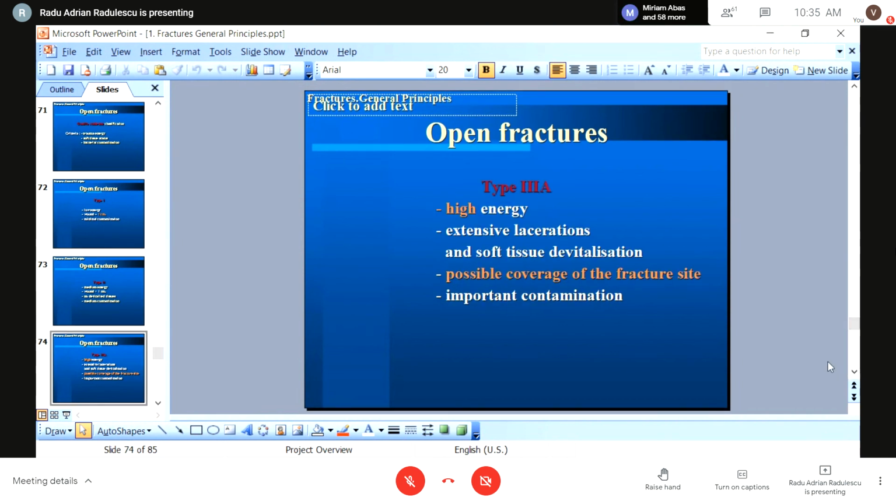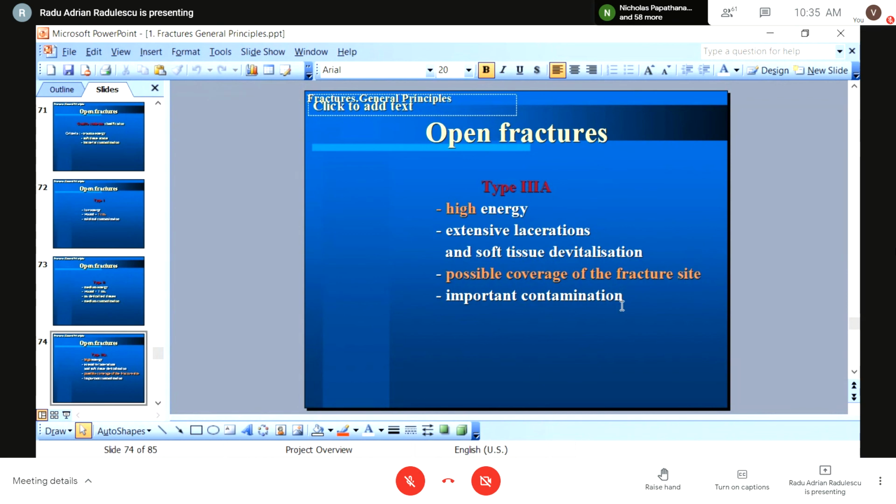Type 3A, so it was type 1, type 2, now type 3 has also some subtypes. So type 3A is a high energy trauma with destruction of the soft tissue with lacerations and devitalization, and important contamination from the exterior inside the fracture site.